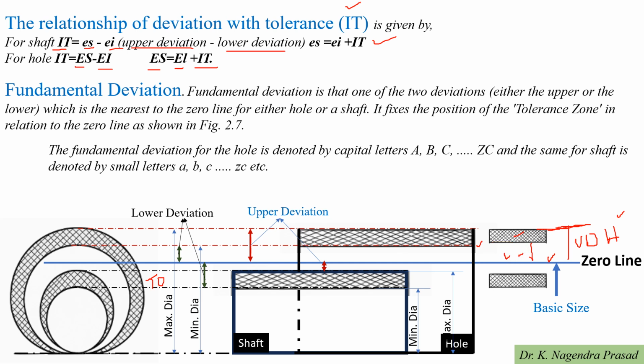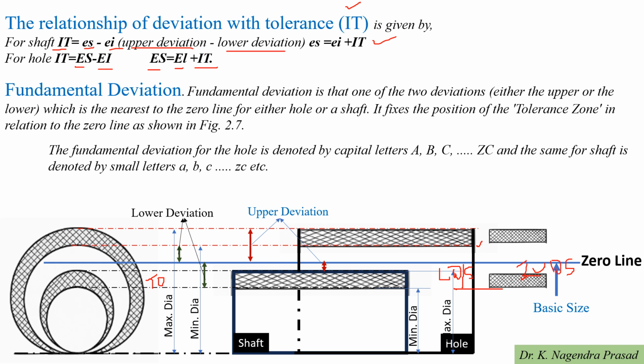Similarly, we have to look for the fundamental deviation for the shaft. Here this is the lower deviation for the shaft, and this is the upper deviation for the shaft.